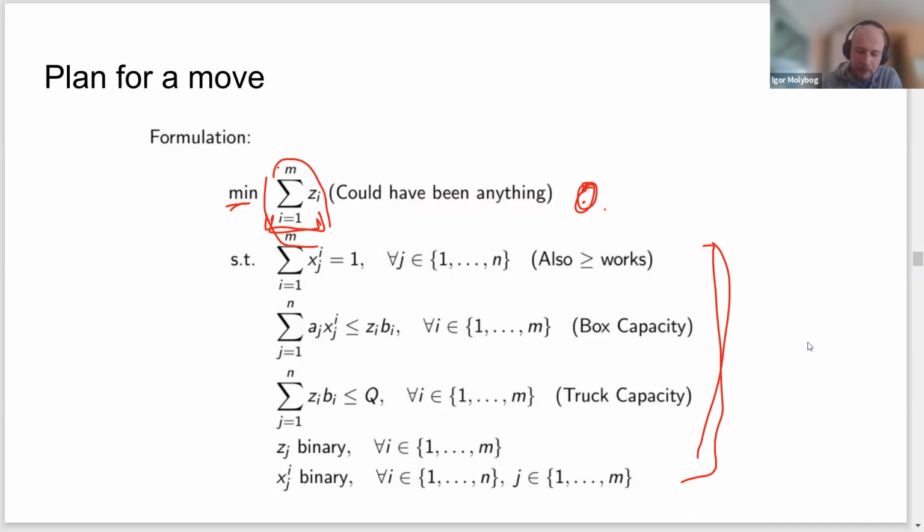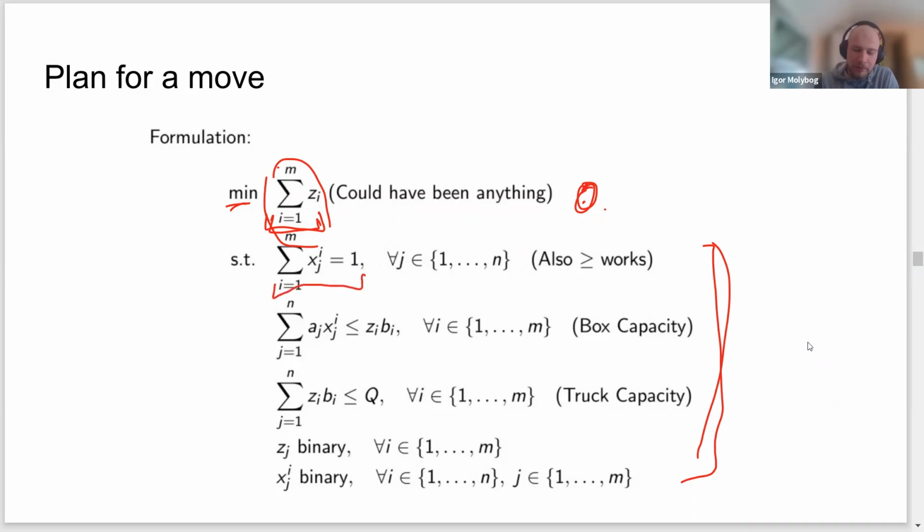Let us switch to the constraints. First of all, we need to ensure that each item J is being put into one of the boxes.